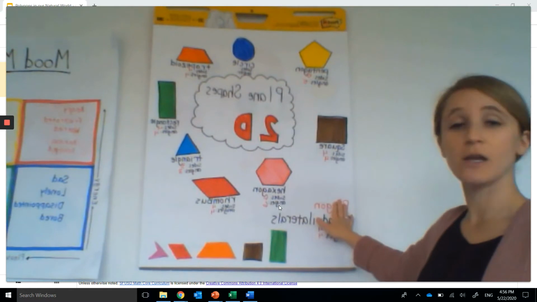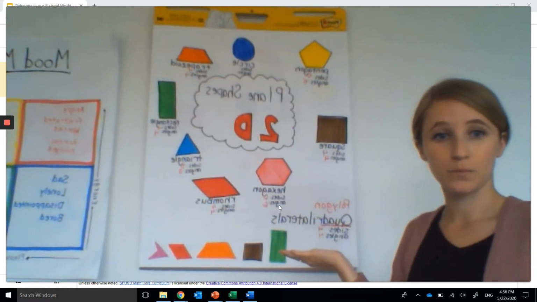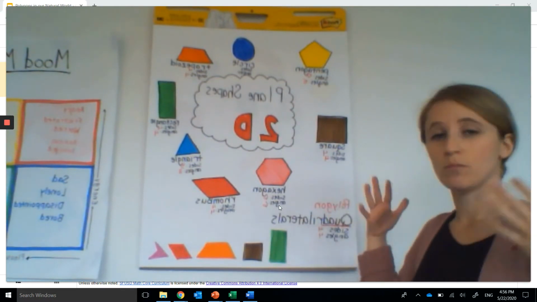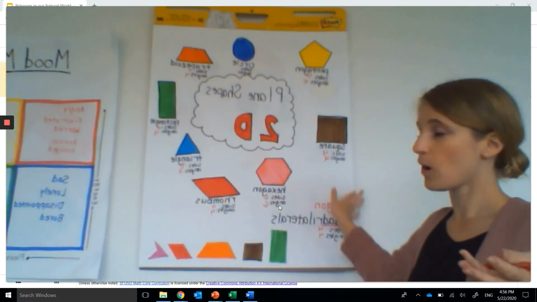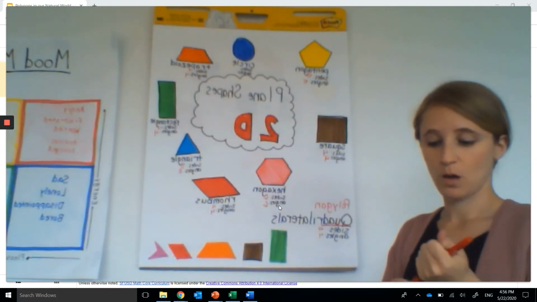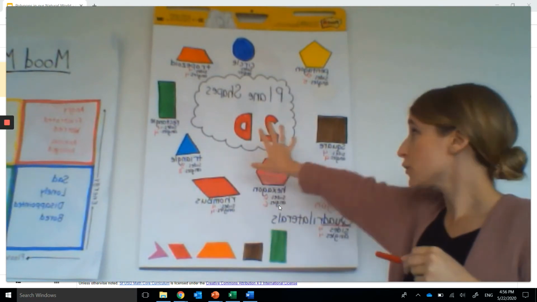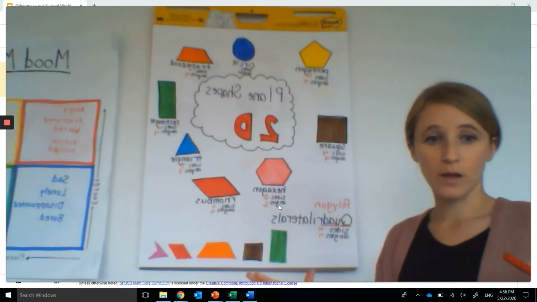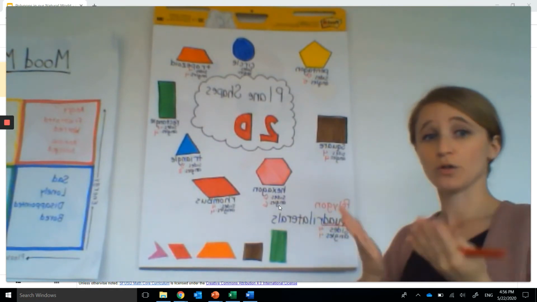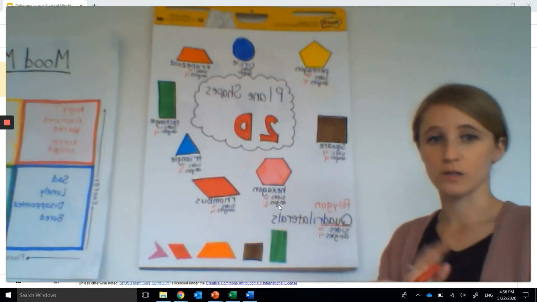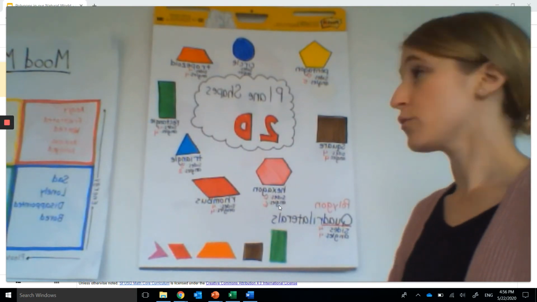The word poly means more than one. So any shape that has multiple sides or more than one side is a polygon. So all these things are polygons. Okay, those are 2D shapes, shapes that are flat and shapes that don't have like round or edges. Next, we're going to look at 3D shapes.